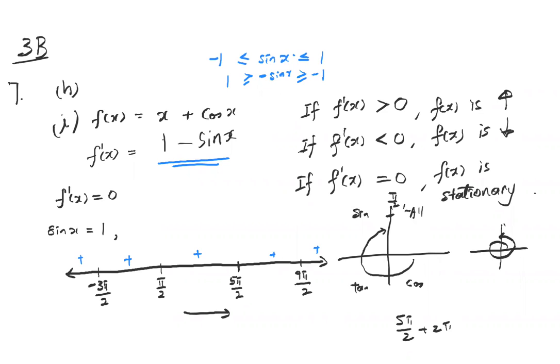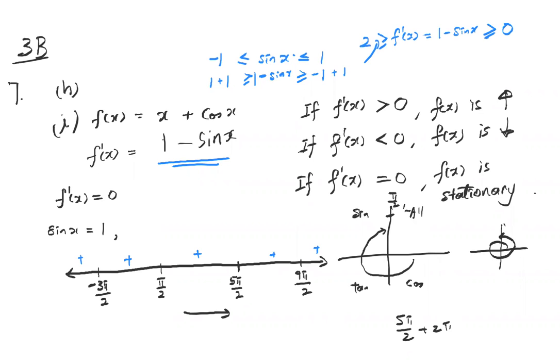Then plus 1, correct? Plus 1, plus 1, on both sides. So I got f prime x, which is 1 minus sin x, is greater than or equal to 0 but less than or equal to 2.